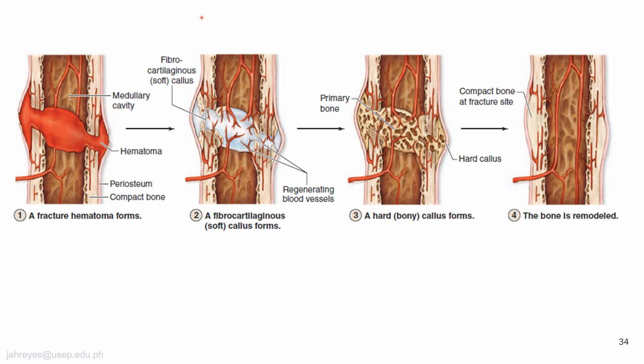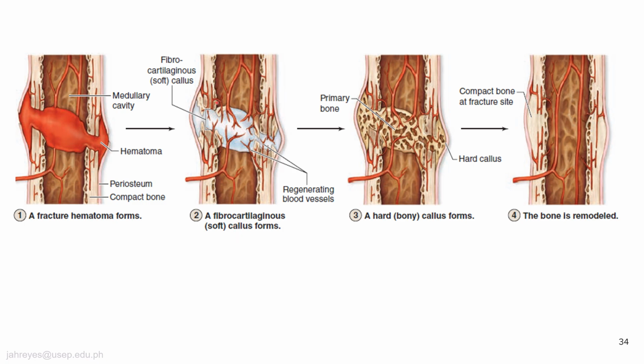So in here, in the first part, there is formation of several blood vessels within that fracture to supply this area of injury. And then after that, there will be formation of different fibrocartilage substance, and we call that a procallus or callus tissue.